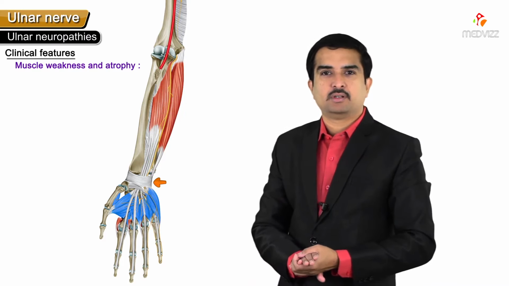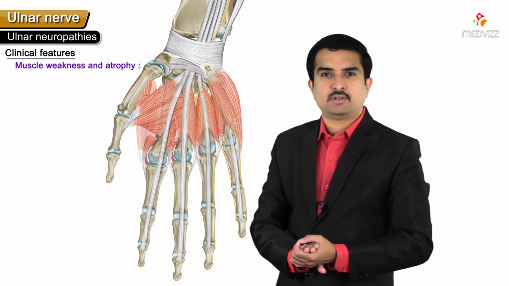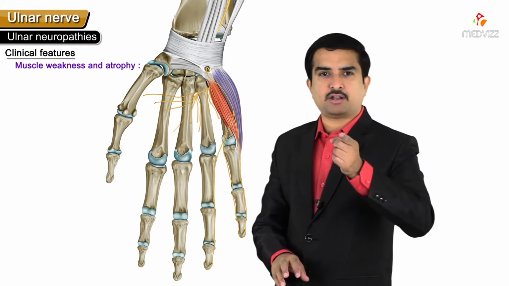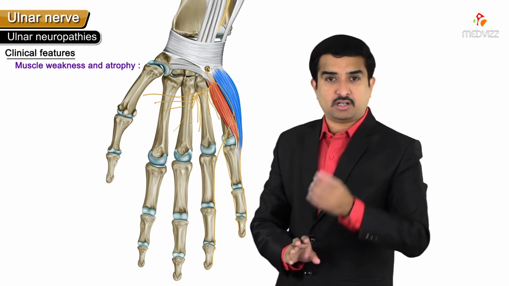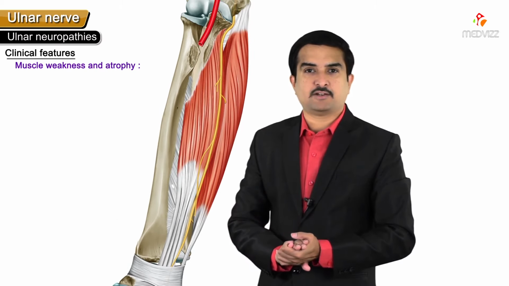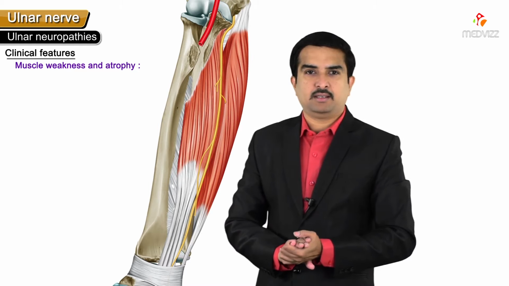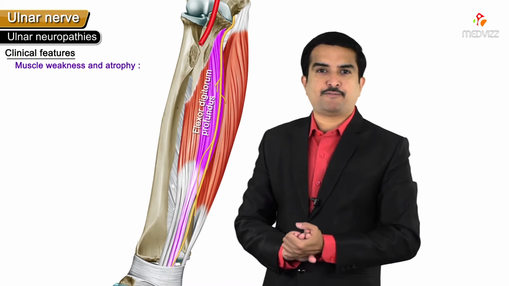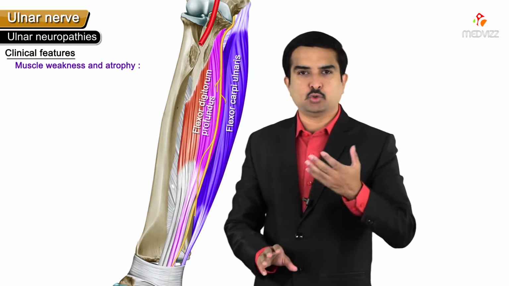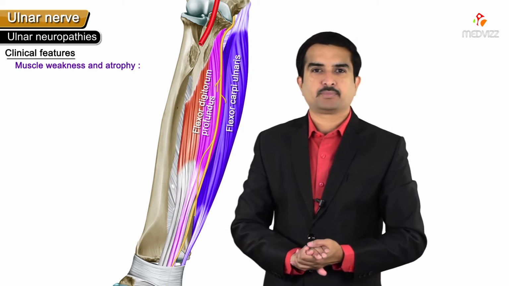When we talk about the muscles of the hand specifically, the first dorsal interosseous muscle and the abductor digiti minimi are the muscles which are more commonly affected. When we talk about the muscles of the forearm, the muscles more commonly affected will be the flexor digitorum profundus and the flexor carpi ulnaris, right? These are the two muscles which are innervated by the ulnar nerve in the forearm.